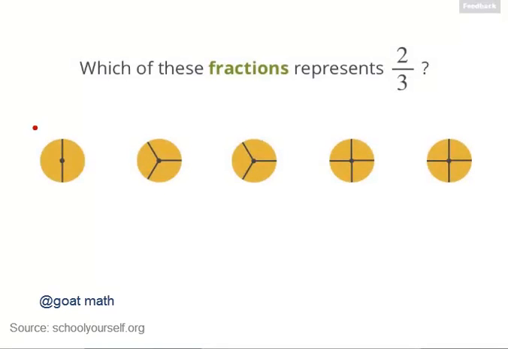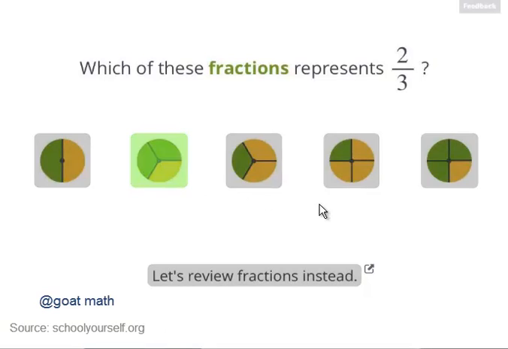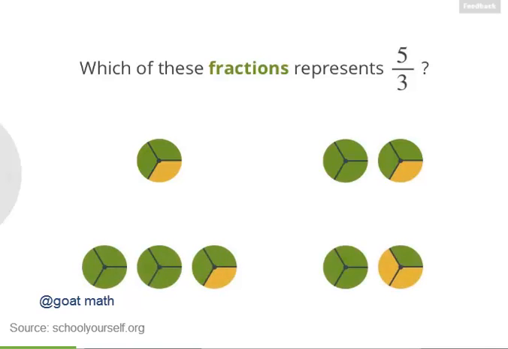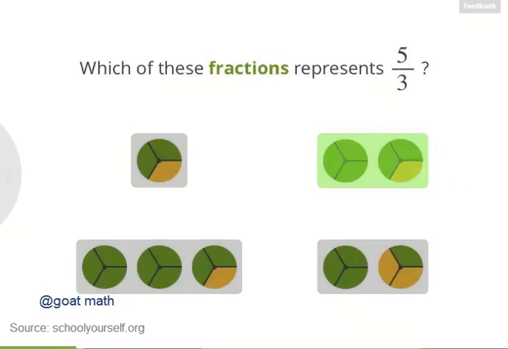To get started, which of these green regions represents the fraction 2/3? Right, this is 2/3. Now what about a fraction like 5/3, where the numerator is greater than the denominator? Which of these illustrations has 5/3 shaded green? Nicely done.